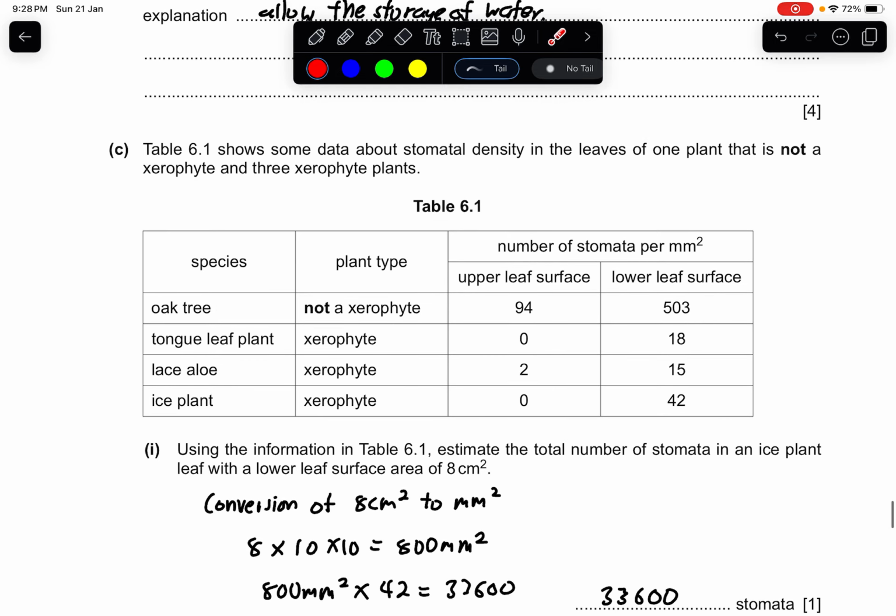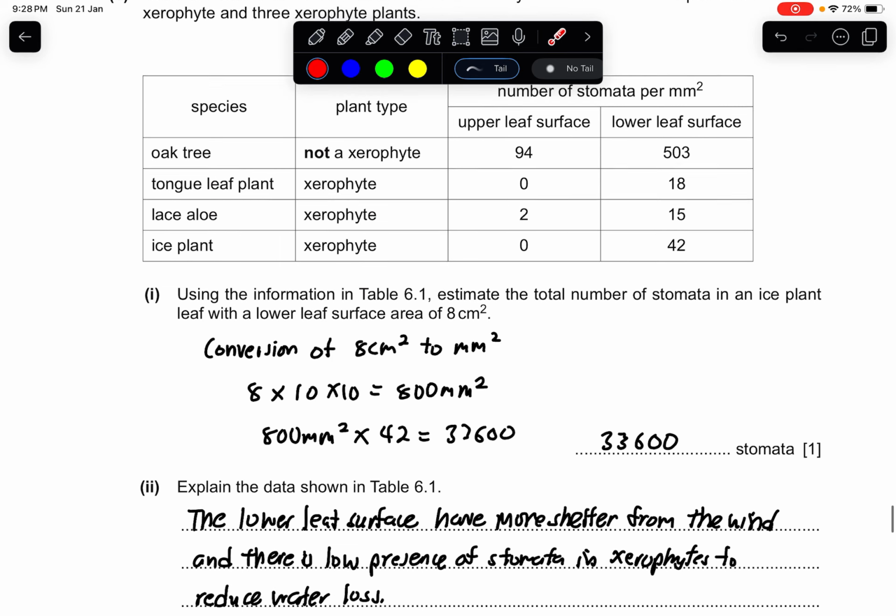Part C, table 6.1 shows some data about stomatal density in the leaves of one plant that is not a xerophyte and 3 xerophyte plants. Using the information in table 6.1, estimate the total number of stomata in an ice plant with a lower leaf surface area of 8 centimeters squared. The keyword is to tell you how many stomata there are.